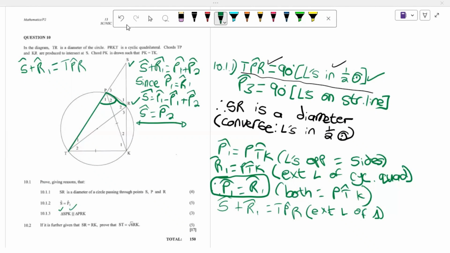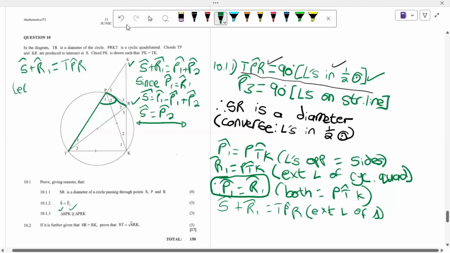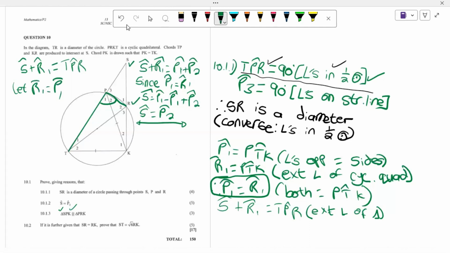P1 is equal to R1, so instead of saying R1, I'm going to say P1. So S plus P1 is equal to P1 plus P2. Then S equals P1 plus P2 minus P1, these guys cancel, leaving P2.